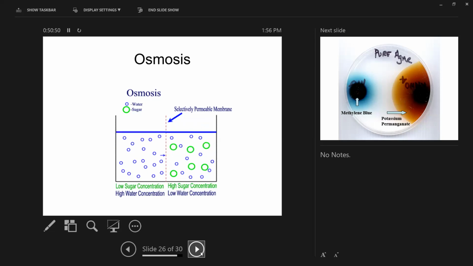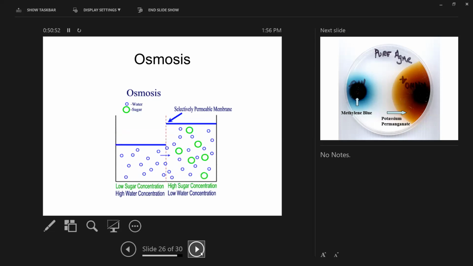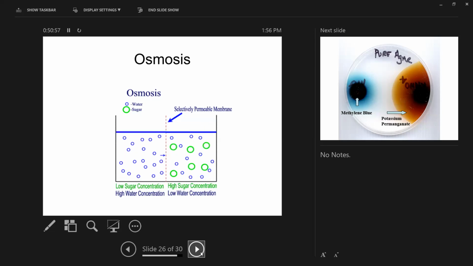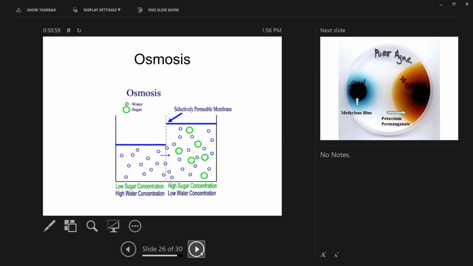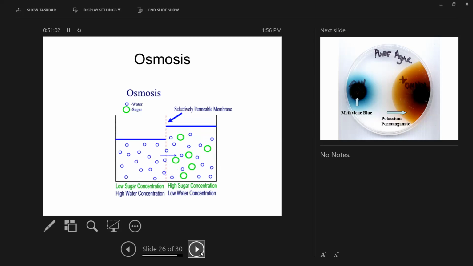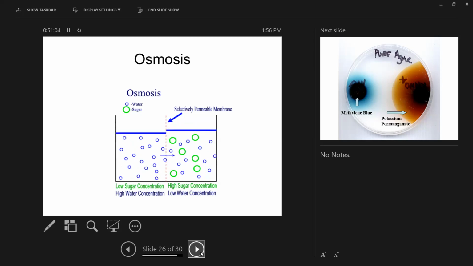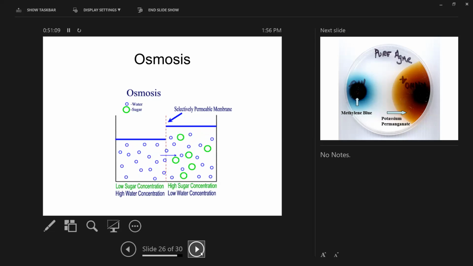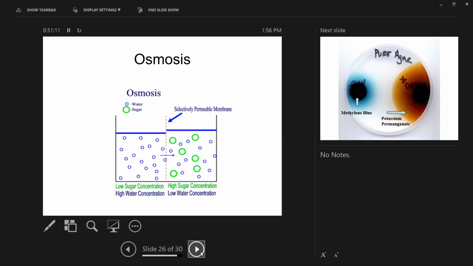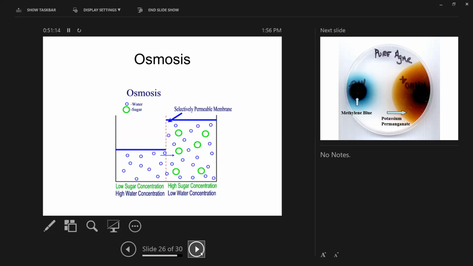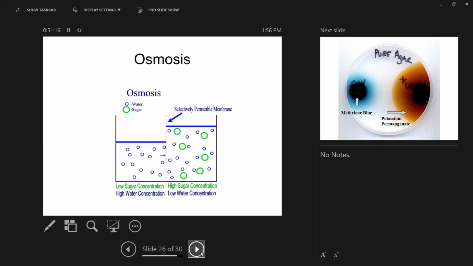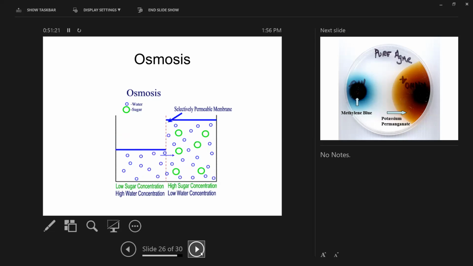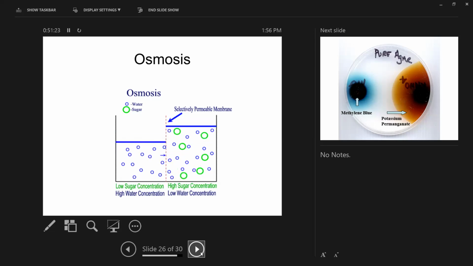On the right-hand side, when we have lots of sugar, our sugar concentration is 40%. I know it's a lot because you see the big green bubbles for the sugar. 40% sugar means that the water concentration is going to be 60%.